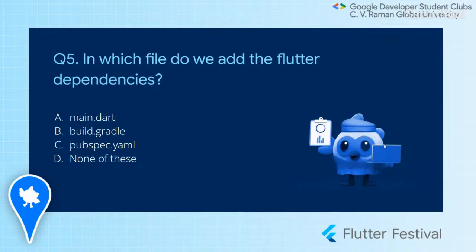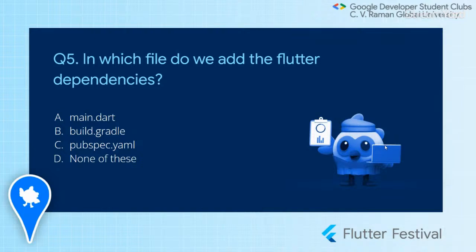So this is the fifth question, the last one. In which file do we add the Flutter dependencies? If you have attended the session yesterday, I added the assets folder to which file?